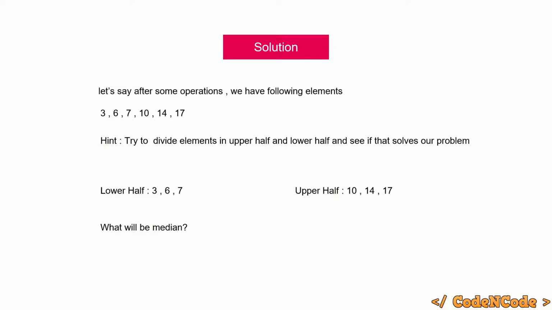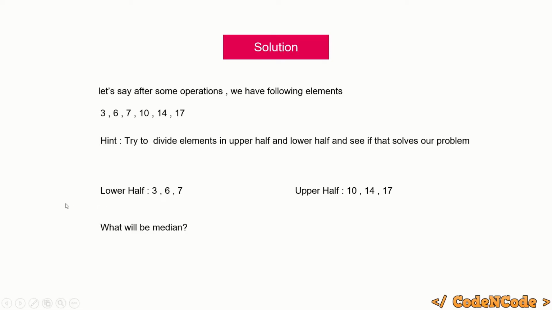Now again, important thing, the lower half and the upper half, of course, since the name is half, both of them will have an equal number of elements if the total number of elements is even. For example, if I have 14 elements, these two will have 7 and 7. The second condition is that the total number of elements is odd, for example 5.